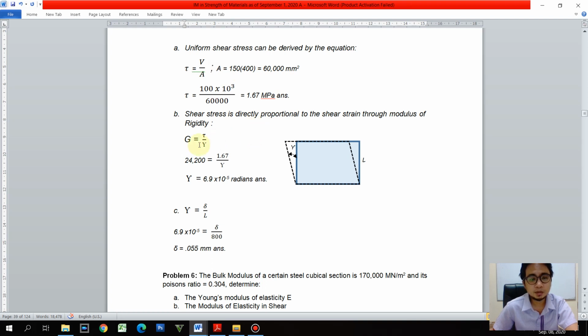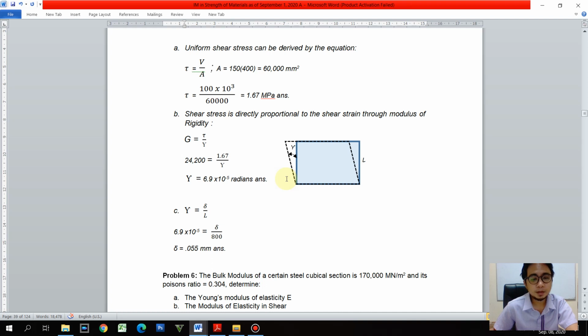Okay, so we'll just have to do it by substitution, and then we come up with modulus of elasticity, or the Young's modulus of elasticity, and then the modulus of rigidity. So relating it to our elasticity as well as the Poisson's ratio, we just substitute the values. We have value for G.